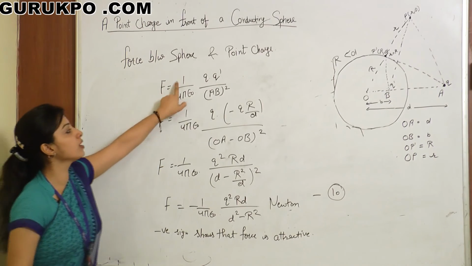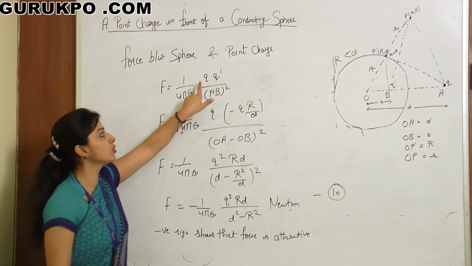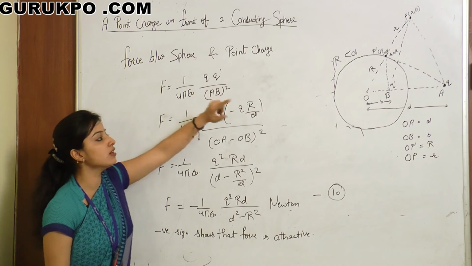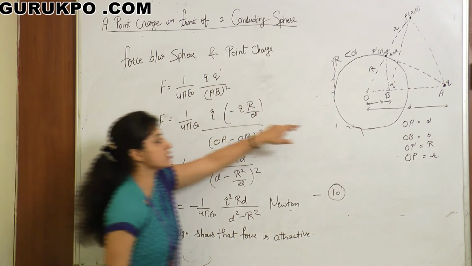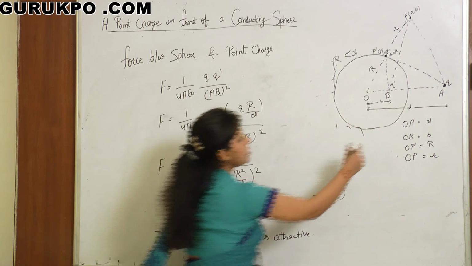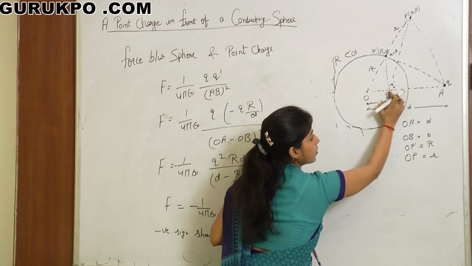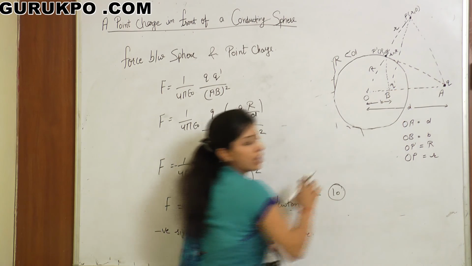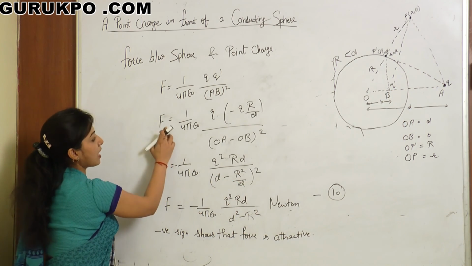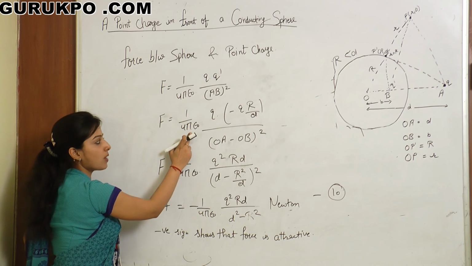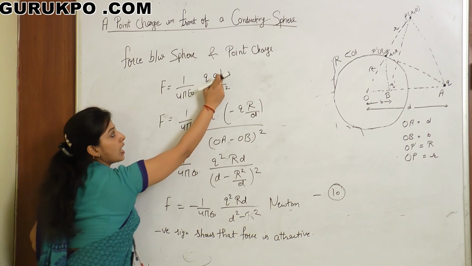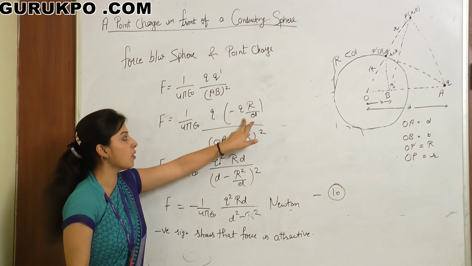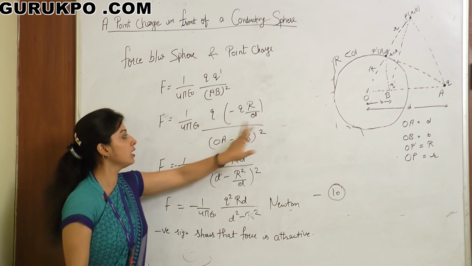The force F will be equal to 1 upon 4 pi epsilon naught into Q Q dash upon AB whole square. Q is the point charge and Q dash is the image charge, and AB is the distance between Q dash and Q. Therefore F equals 1 upon 4 pi epsilon naught Q into Q dash, and we have already calculated Q dash equals minus Q R upon d.